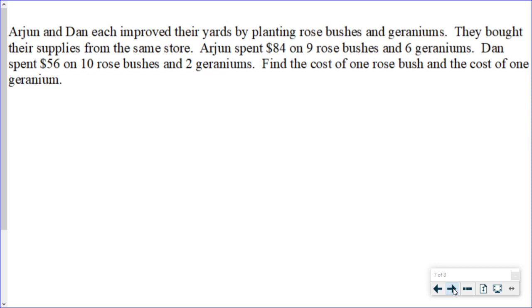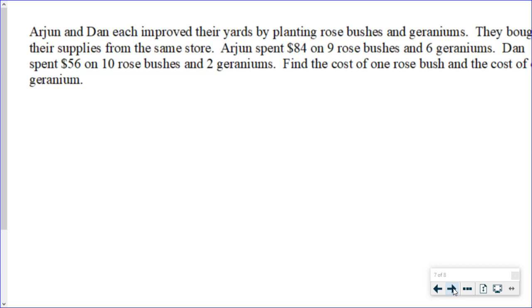It says, Arjane and Dan each improved their yards by planting rosebuds and geraniums. So we have rosebuds and geraniums. Okay, he spent $84 on 9 rosebuds and 6 geraniums.